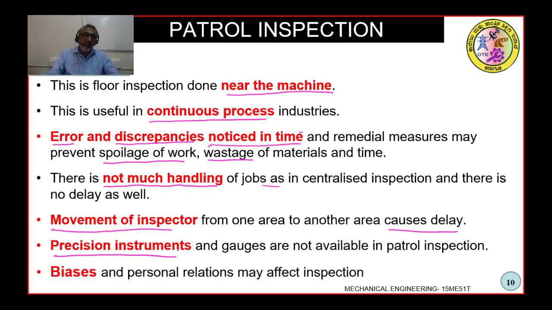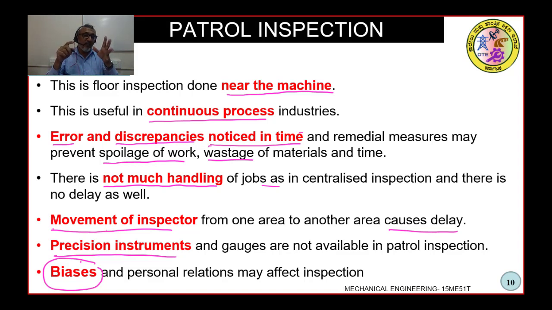And finally, there may be biases, arguments, complaints, a lot of heated exchanges between the worker and the inspector, because the inspector may say this is not acceptable, and the worker may argue that it is acceptable. So there may be a lot of friction in borderline cases.